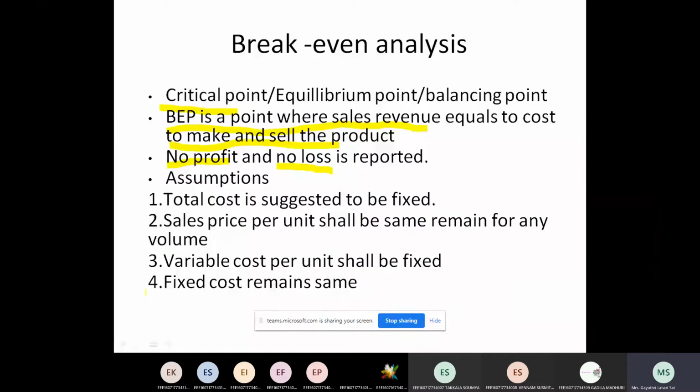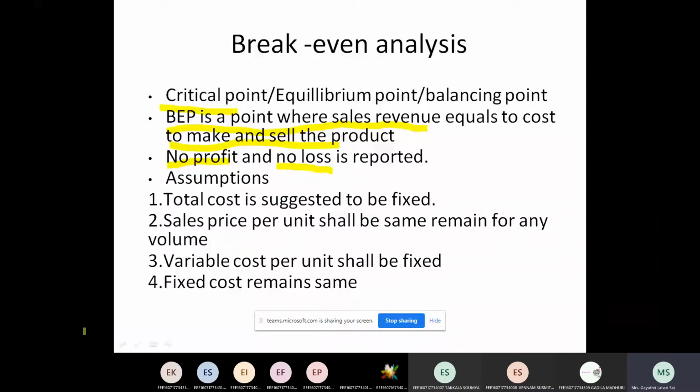The first one is that total cost is assumed to be fixed. Whatever cost you put on a product should be fixed. It should not be variable. It should not change. The total cost you're spending on a product should be fixed.